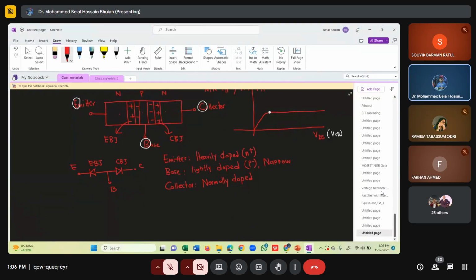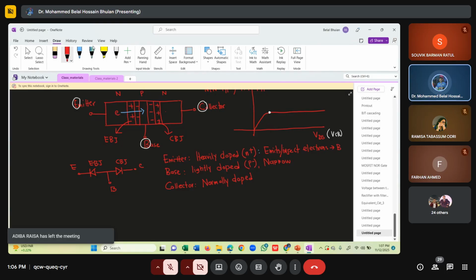Now, why do you call the emitter the emitter? The emitter emits electrons. Since it is rich in electrons, when you apply voltage, the emitter emits or injects electrons into the base region.